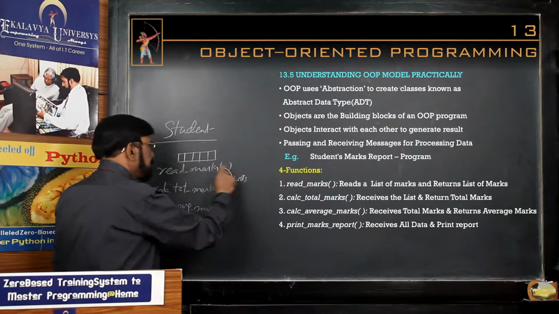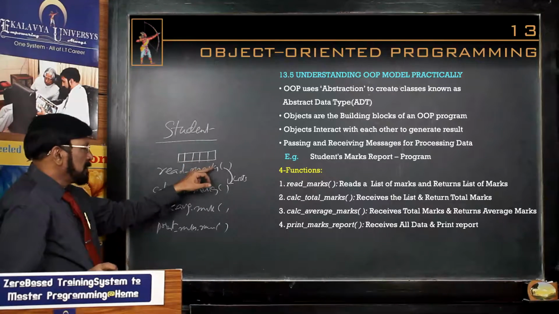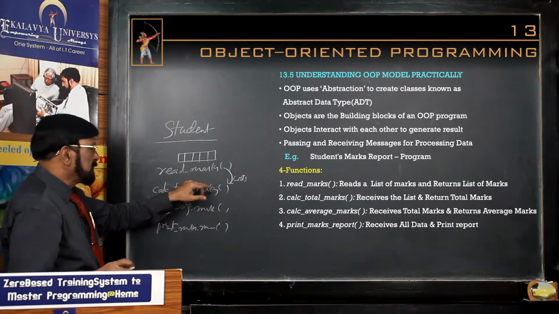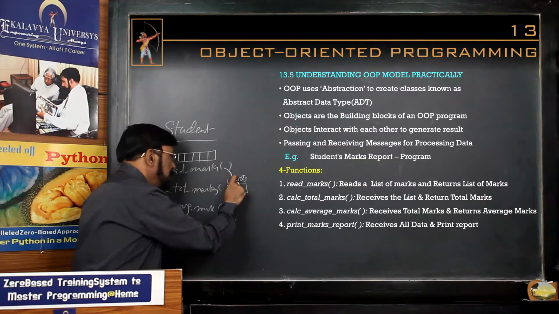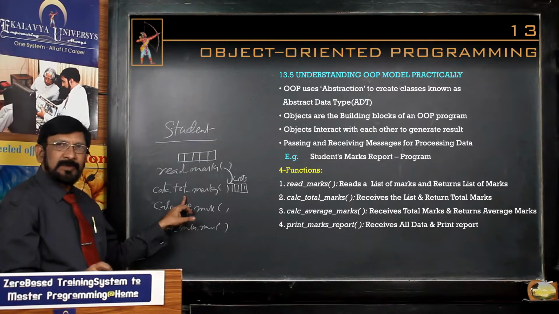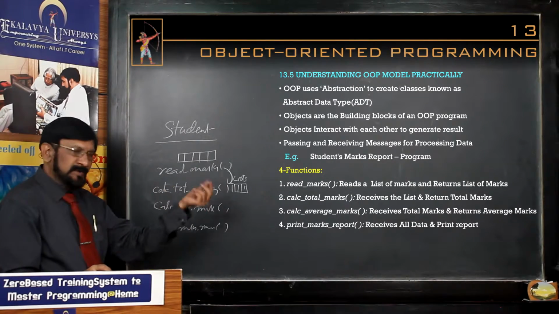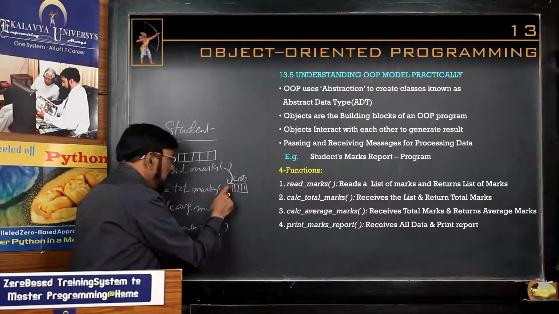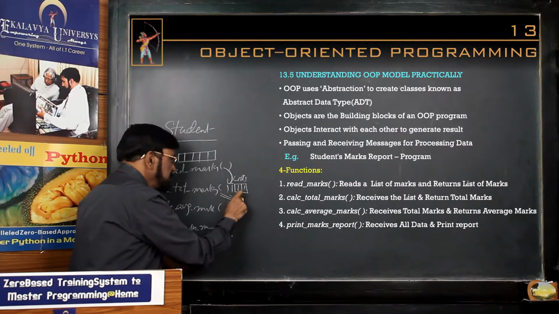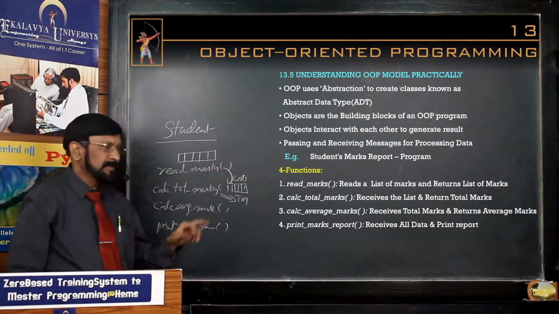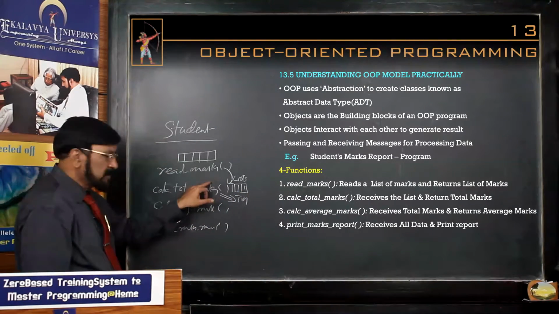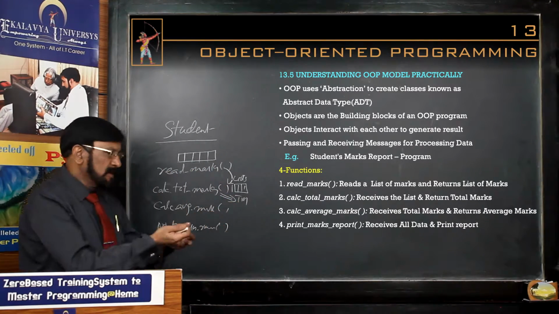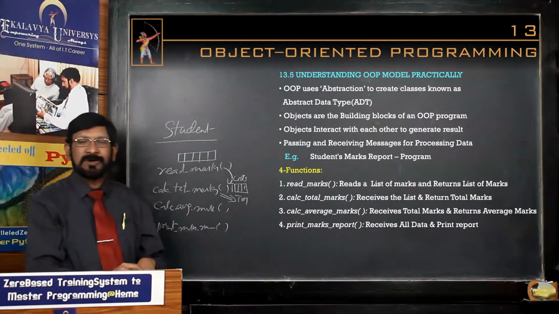It takes the marks from the keyboard, and thereafter it returns the list to total marks. Then the total marks function receives the list of marks, prepares the total, and returns the total marks. What it received was the list of marks, and in turn it calculates the total and returns the total marks.